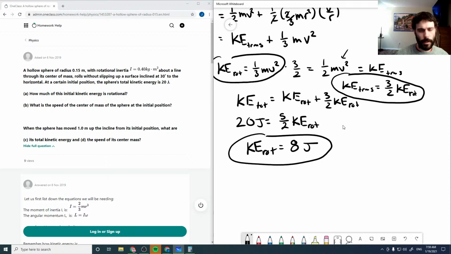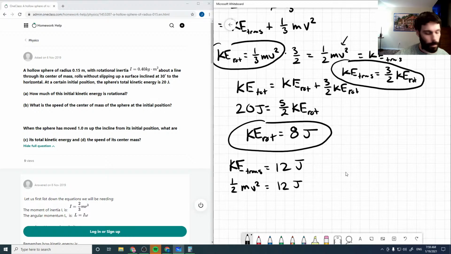We want to know what the speed of the center of mass of the sphere is at this position. So if our rotational is 8 joules, then our translational must be 12 joules, as is what's left. So 1/2 mv squared is 12 joules.